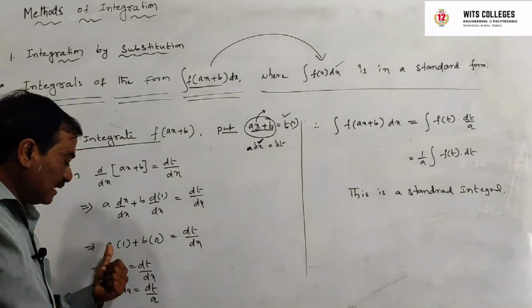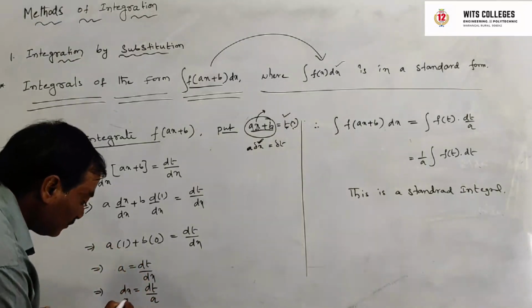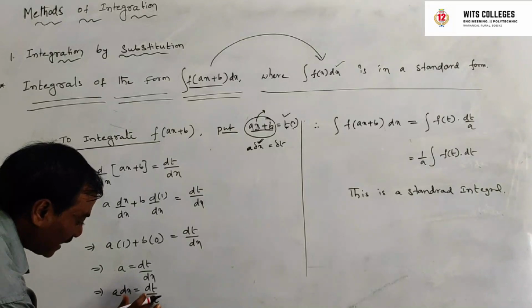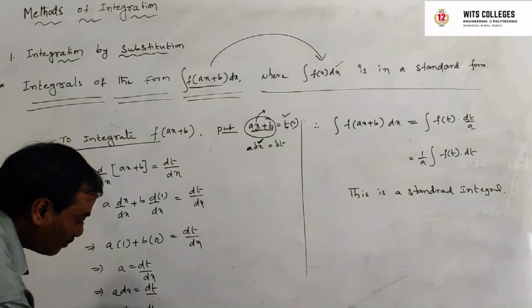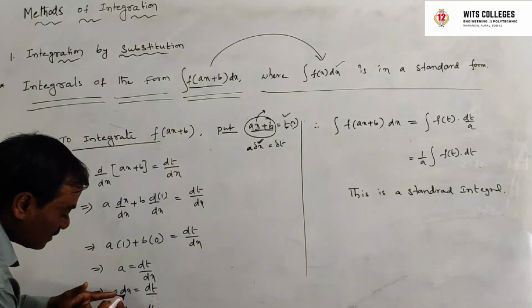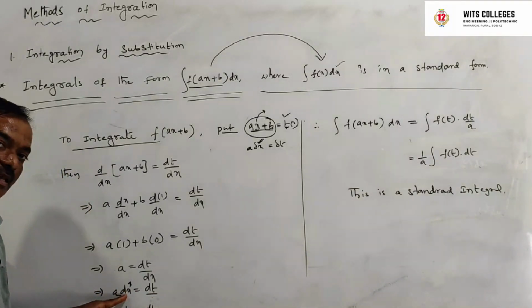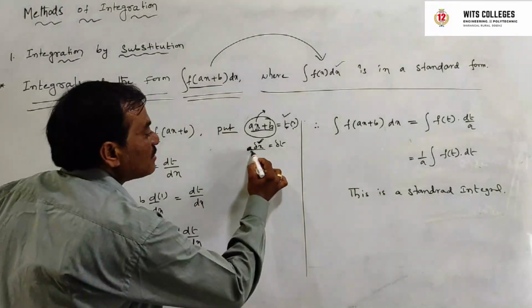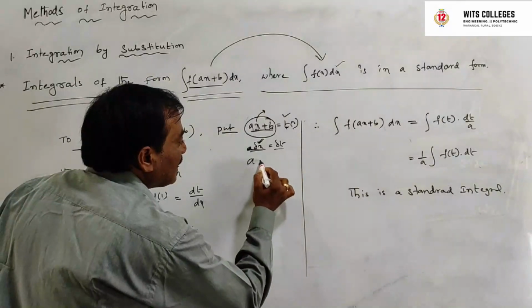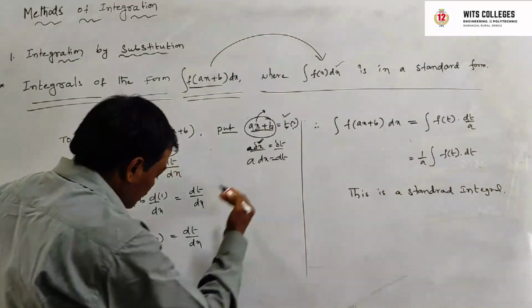So finally we get a equal to dt by dx, or we can write a dx equals dt, or finally dx equals dt by a. A small increment or decrement in x also affects the right hand side, which is dt. So we have written directly a dx equals dt.